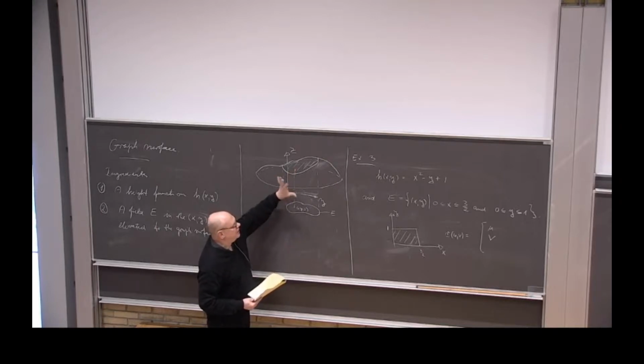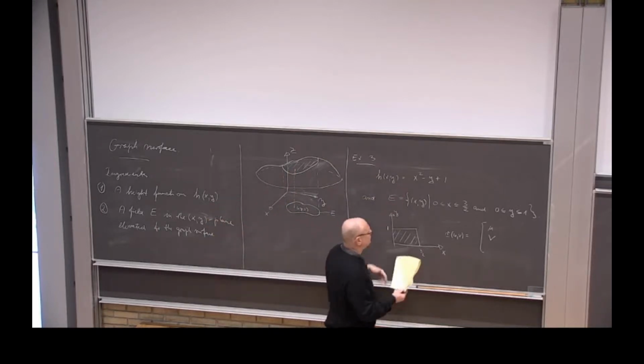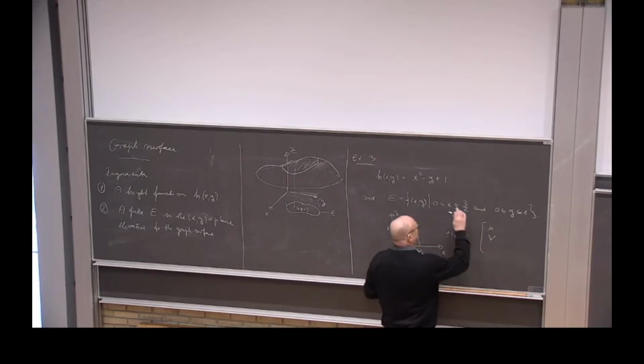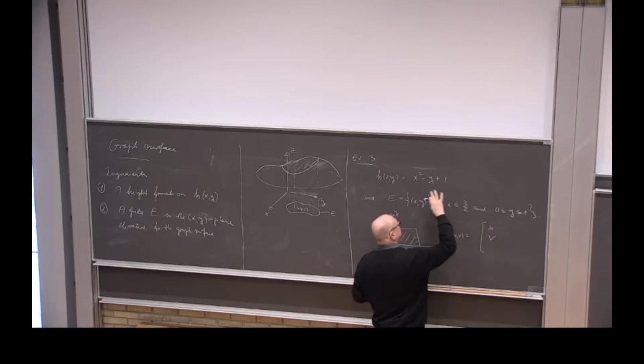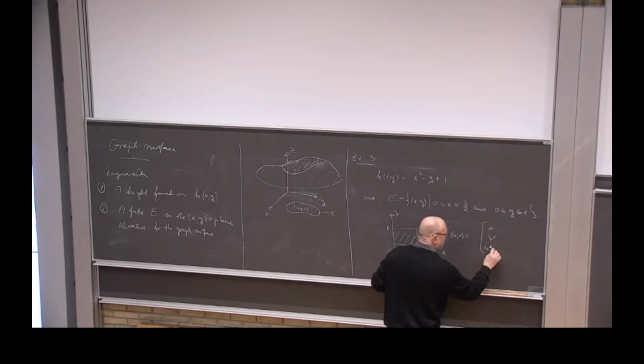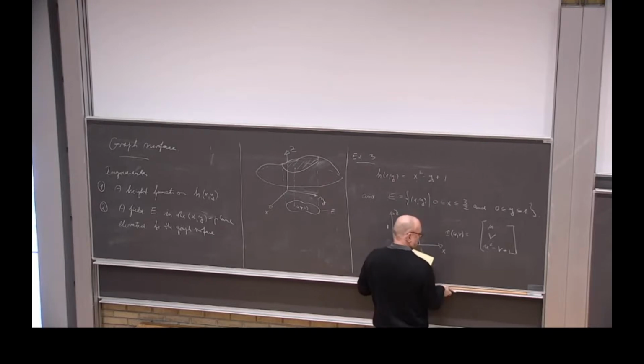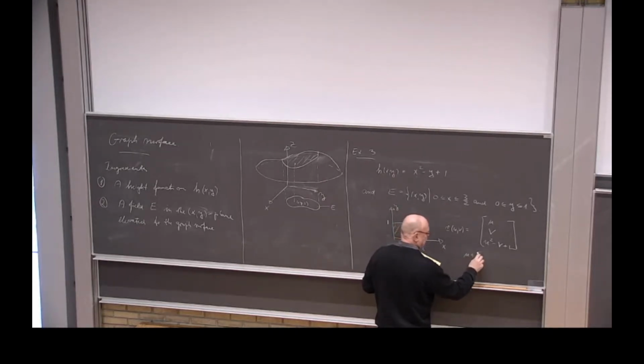So this is your h function here. So you put in x squared minus y plus 1, but you use the parameters that you have just introduced. So you get u squared minus v plus 1. And your parameters, they are, of course, limited in the same way as x and y. So u goes from 0 to 3/2, and v goes from 0 to 1.